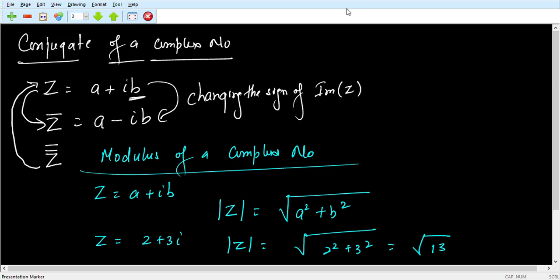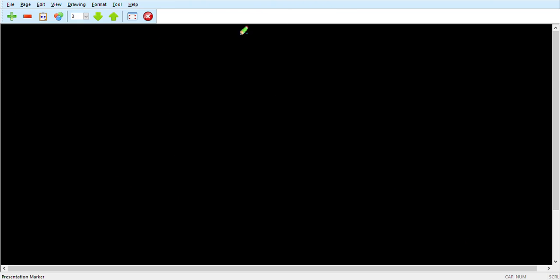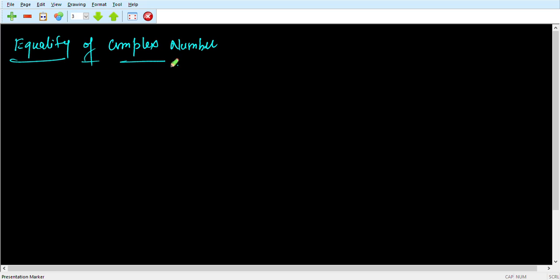Next concept is equality of complex numbers.